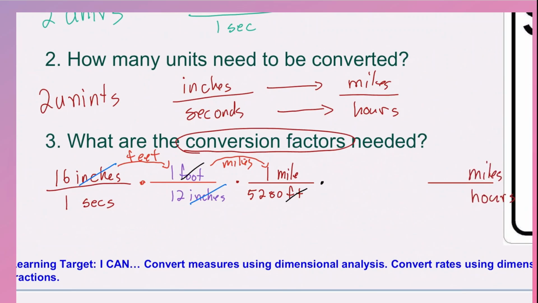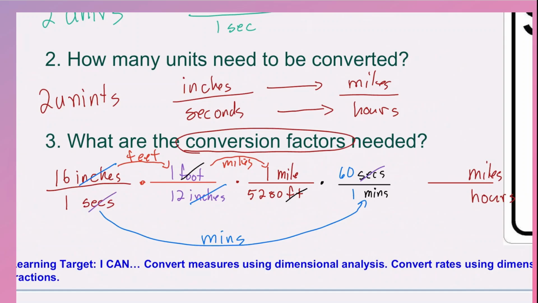I want to get rid of seconds. It's starting on the bottom, so I'm going to put it on top. So let me draw my arrow. We're going to change seconds to minutes, and there are 60 seconds in 1 minute. This will allow me to cancel the seconds, leaving me with minutes.